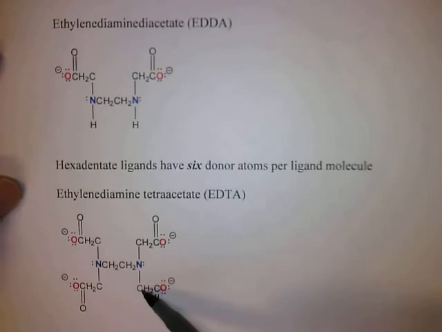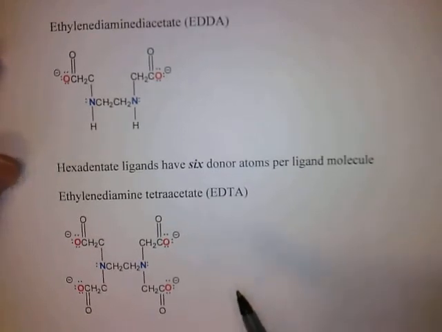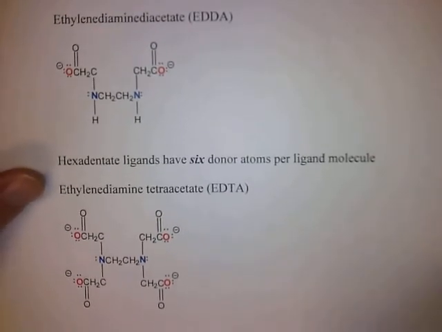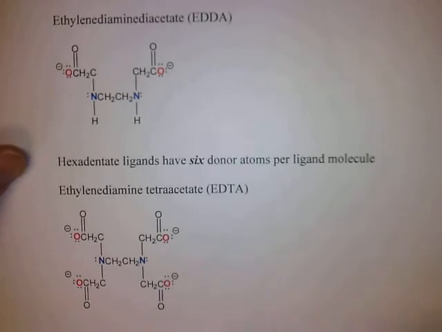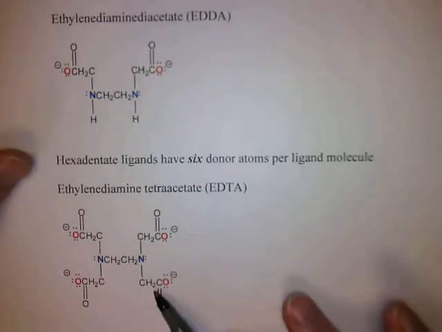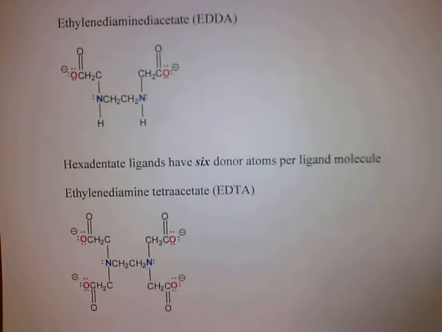So this thing is going to wrap around a metal and completely encapsulate it, basically tie up all the coordination sites. It's used for other things, for example, chelometric titrations, because, like I said, it wraps around and encapsulates a metal and reacts with the metal on a 1-to-1 basis. All right.